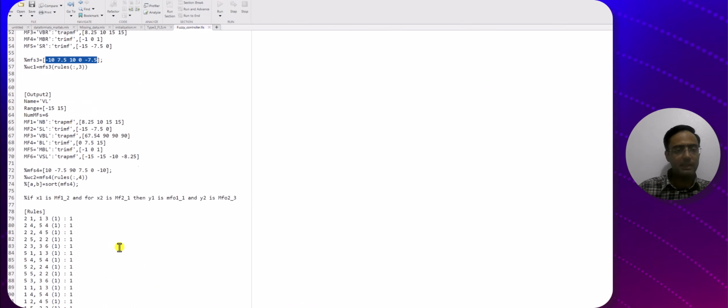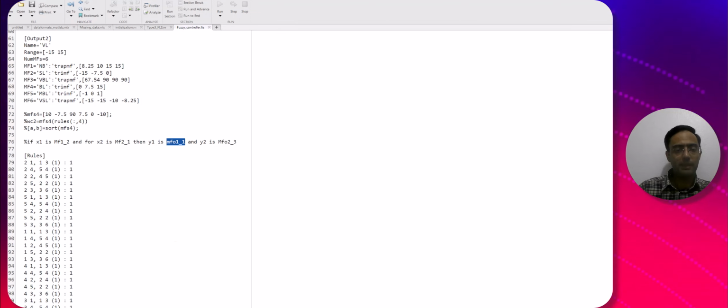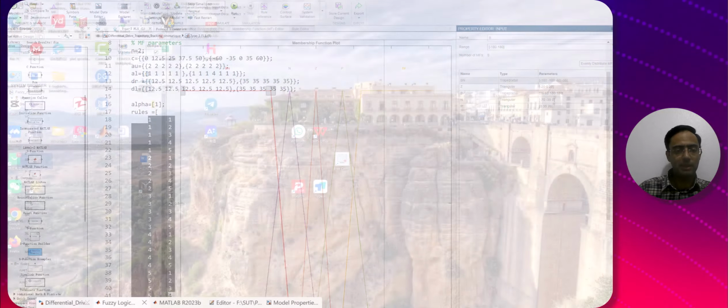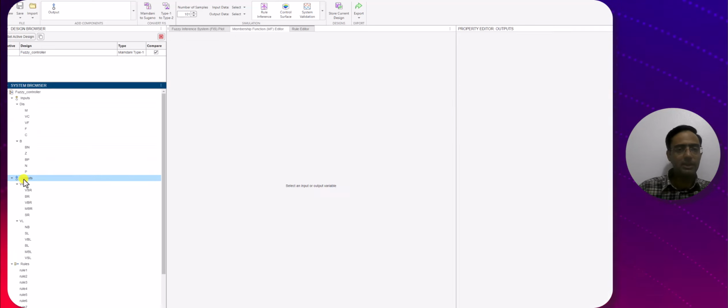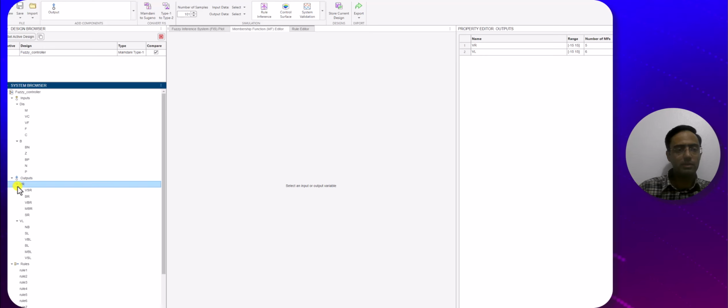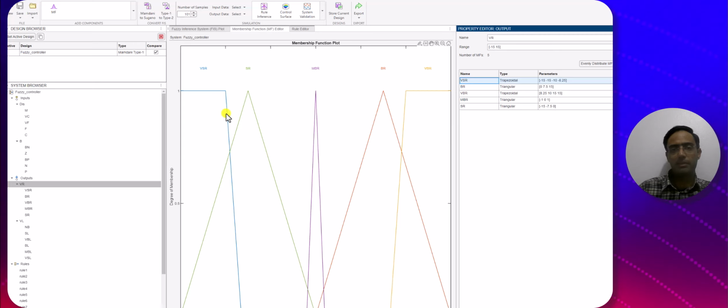Let's see an example here. For example, for the first rule, we see that for the output 1, this membership function is fired. The first membership function, let me see in the graphs, this is the outputs. For the outputs, the first membership function is fired. This is the first membership function.